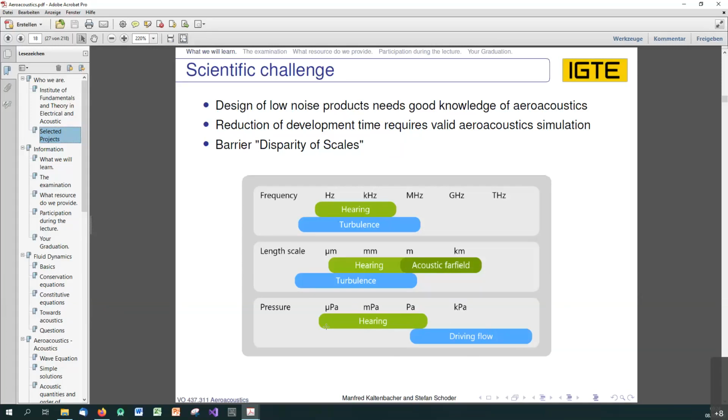So we have an overall pressure, and their philosophy is that we treat it with one simulation, but this simulation must be very accurate for a wide range of scales, because often this driving flow has pressures, I don't know, 100 kilopascals or stuff like that, and then the hearing is some milli- or micropascals.